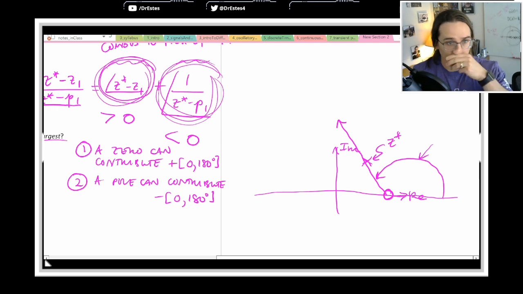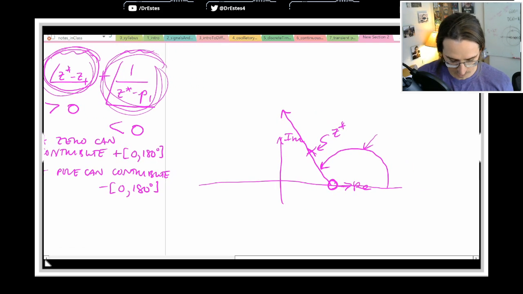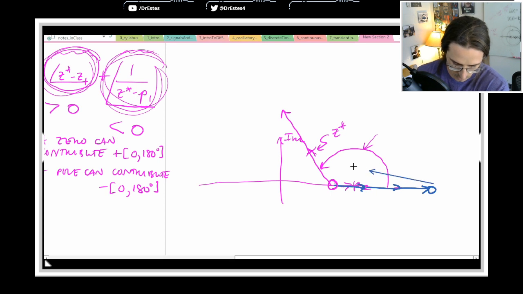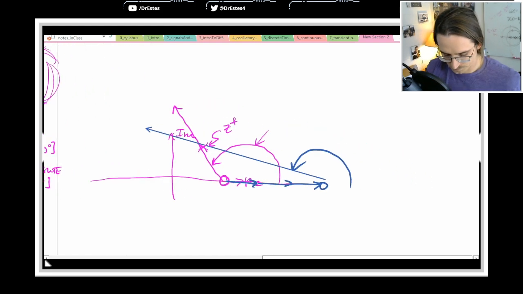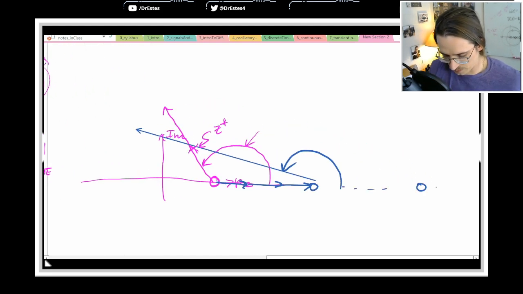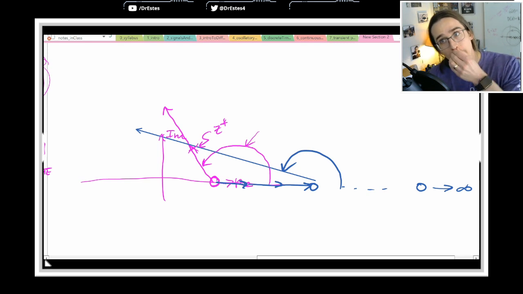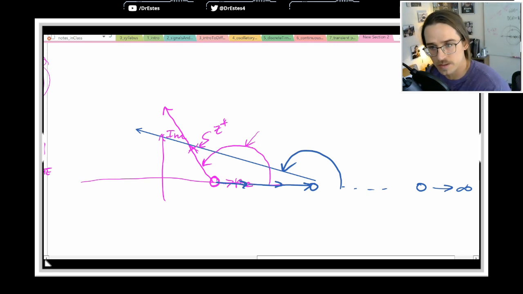I want to explain why we can only have between 0 and 180. What if I move this 0 way out here? You can see that if I draw a ray, this angle gets steeper and steeper. If I move this 0 all the way out to infinity, the angle that gets made is going to be close to 180 degrees.